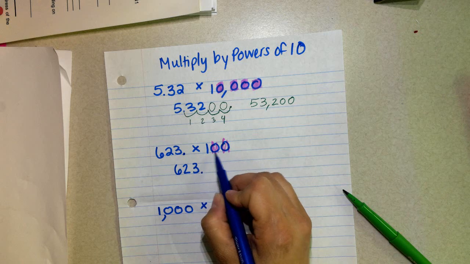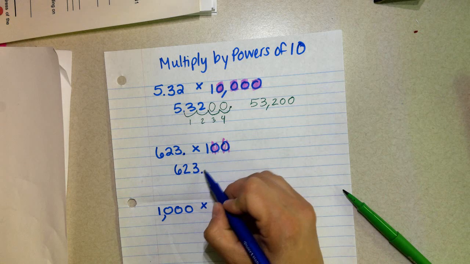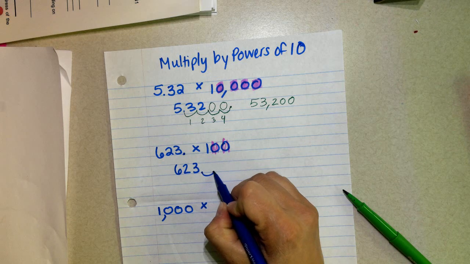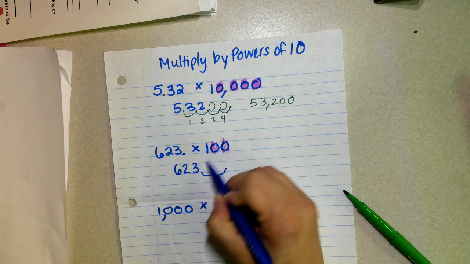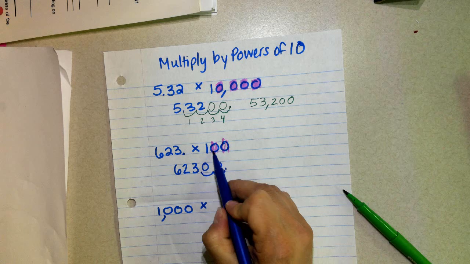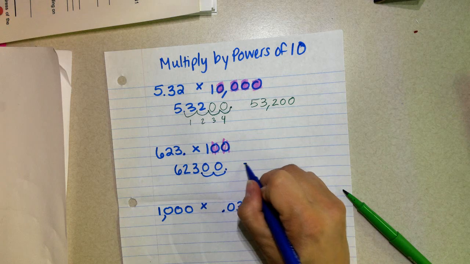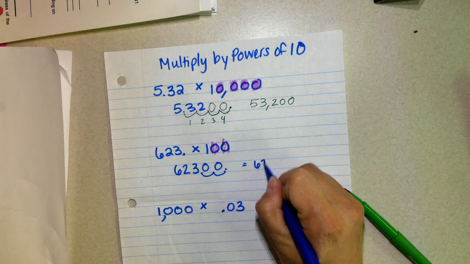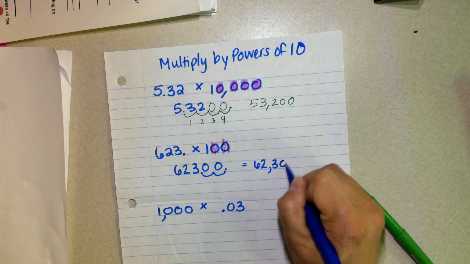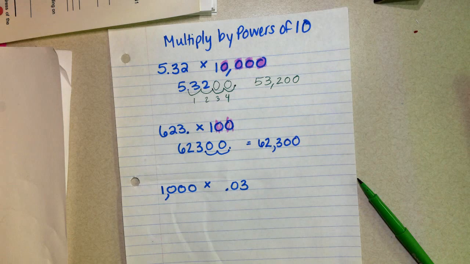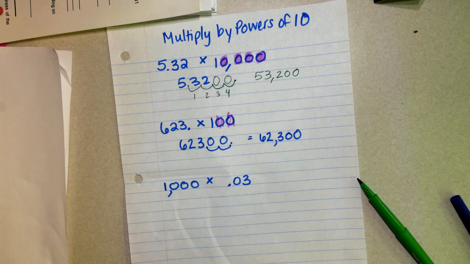So I'm really just tacking on 2 zeros or moving the decimal over 2 places. Doesn't matter how you look at it. You're just adding 2 zeros or moving your decimal over 2 places, which is the same as 62,300.